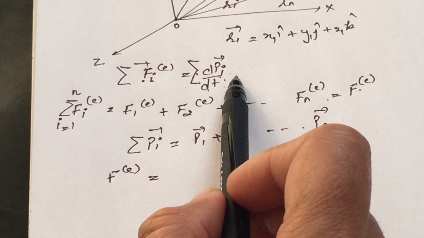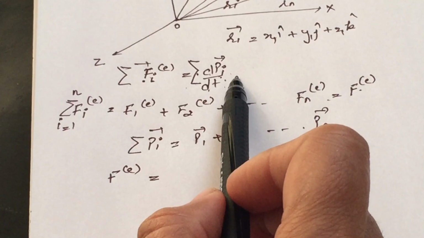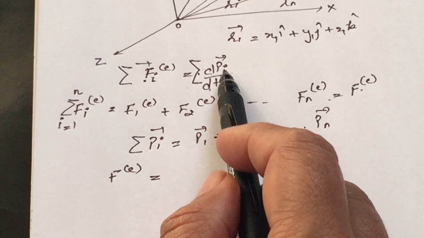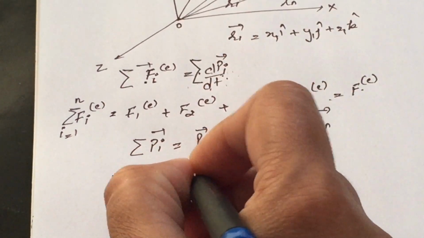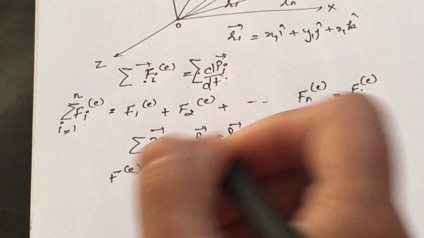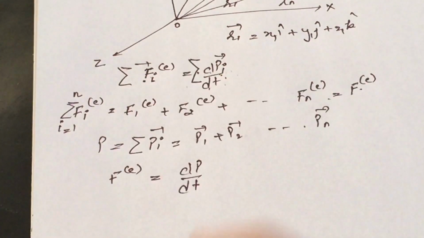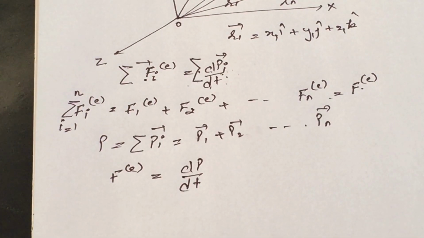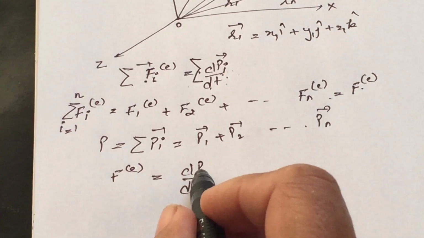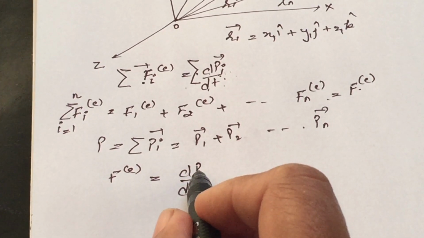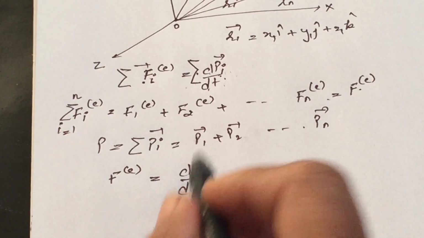In our last lecture on center of mass, we very well know that if P is representing the momentum for all the particles, then P is equal to the summation of pi. P is the total momentum of the system. We can give this in terms of center of mass also.